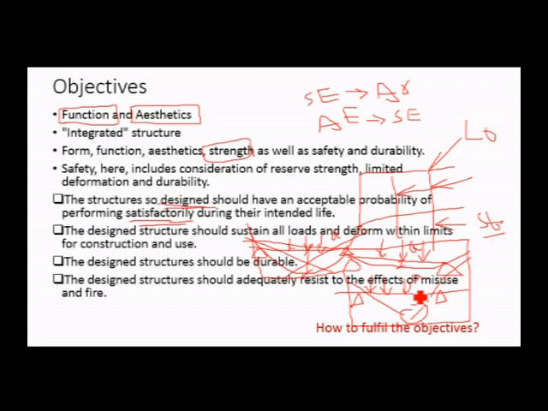The next objective is that the designed structure should adequately resist the effects of misuse and fire. A structure may be misused to prepare or store fireworks, gas and other highly inflammable or explosive chemicals.